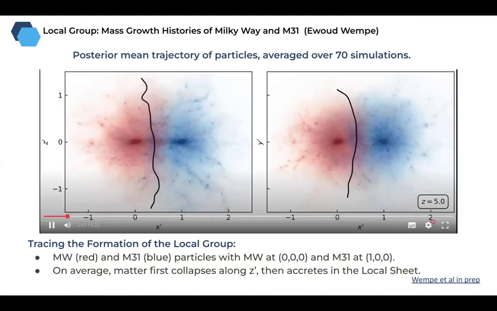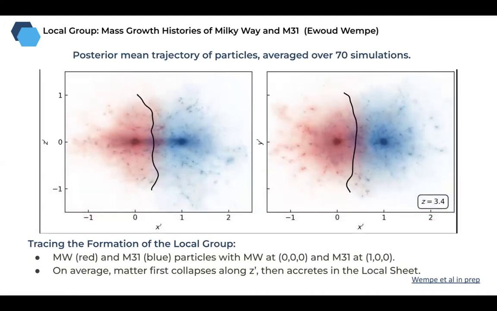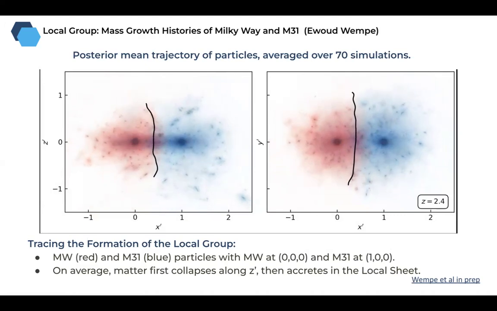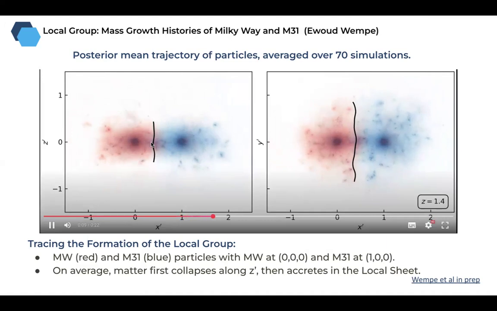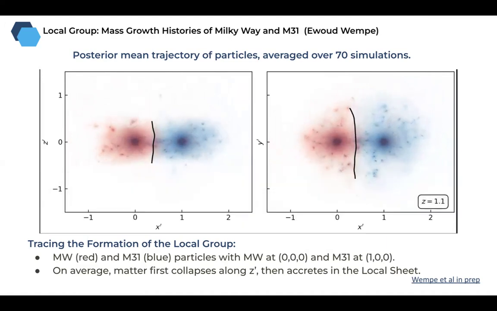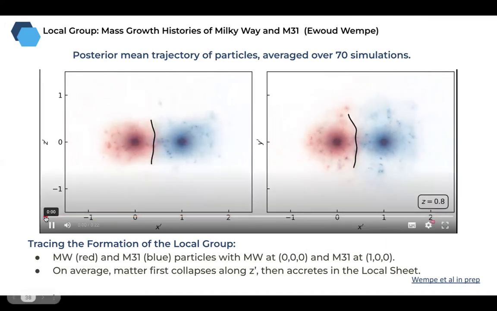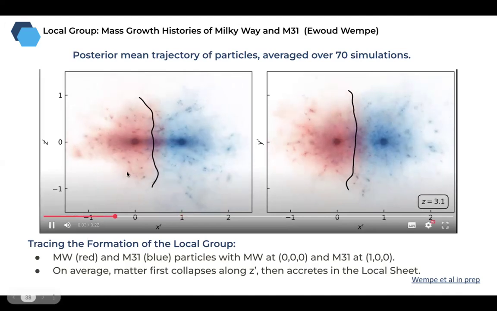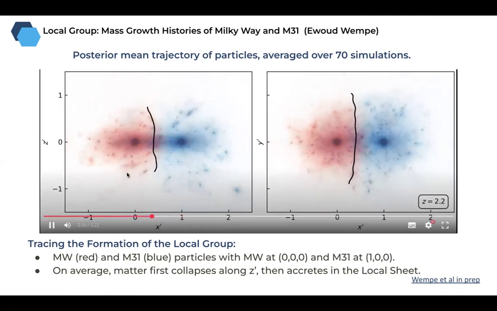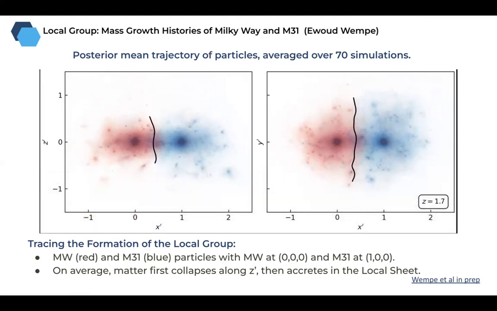So what we can see here is we can actually follow the formation histories of Milky Way and Andromeda. And because I'm running out of time, I'm just very briefly telling you, we can basically see, and I'm going back, that initially we are just collapsing along the z-axis into the local sheet.